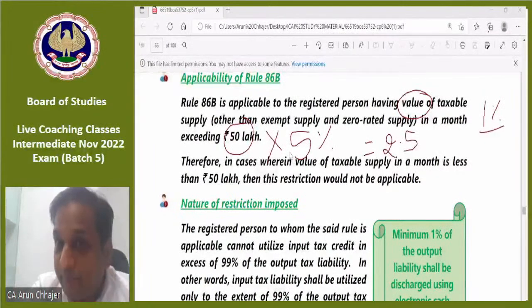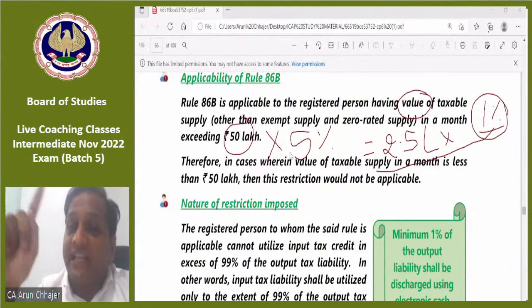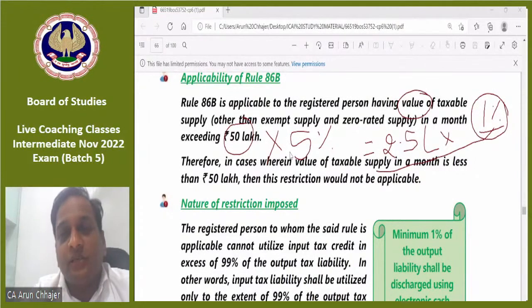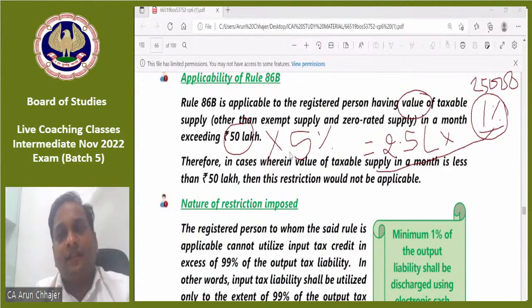This is the tax liability, and 1% of this tax liability has to be paid in cash. How much amount would come? 2,500. Is it clear? I am giving the example.